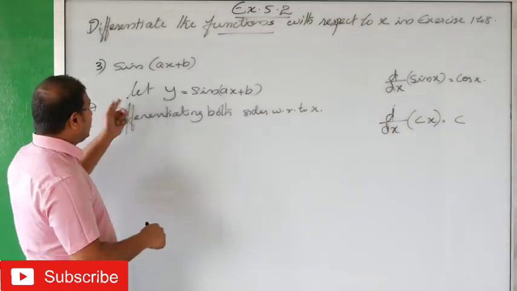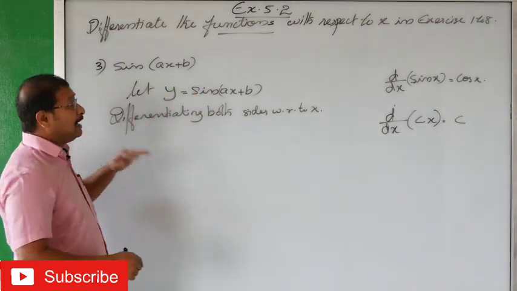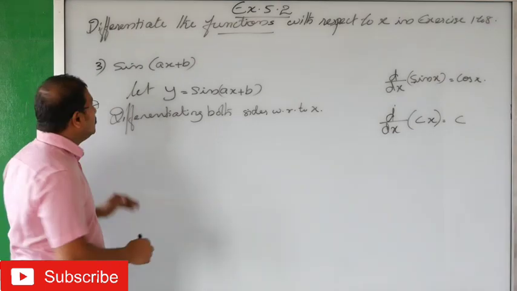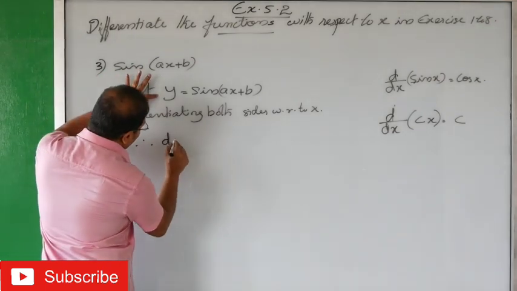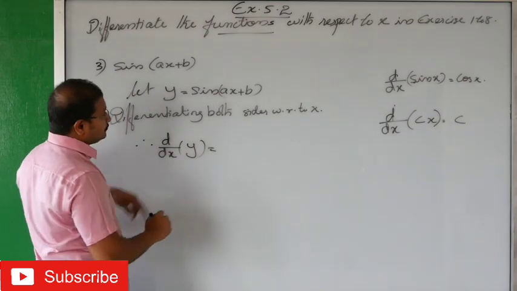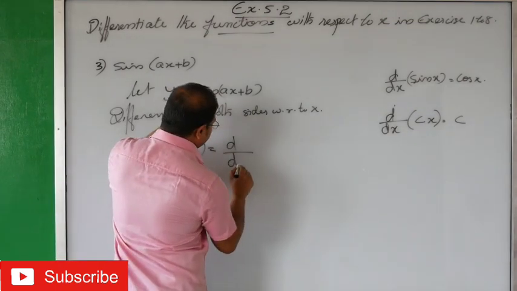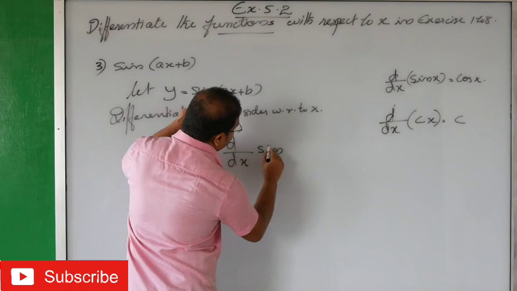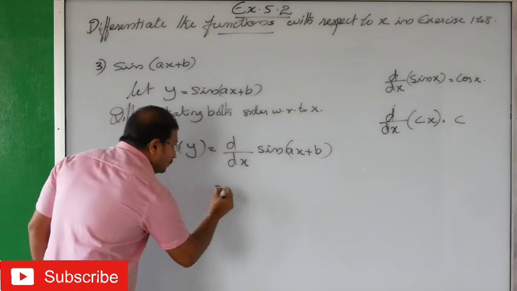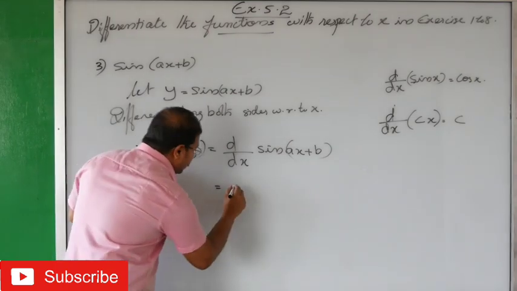So first we will write let y equal this given function. After that, differentiating both sides with respect to x. Ready? Therefore derivative of y equals derivative of sin of ax plus b. Now what you will do?